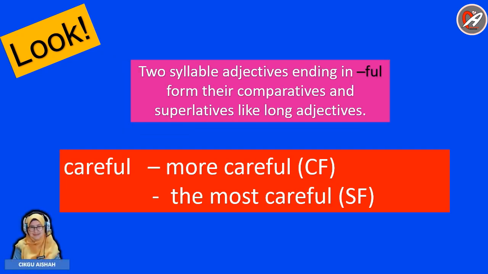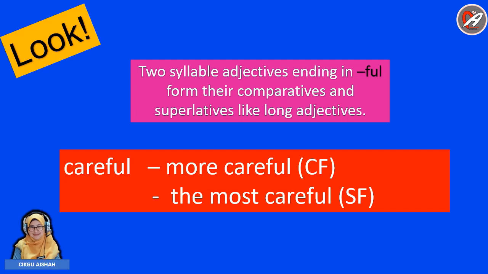For two-syllable adjectives ending in FUL, full, we form their comparatives and superlatives like long adjectives. For example, careful. Care is the first syllable, ful is the second syllable. So careful is a two-syllable adjective.